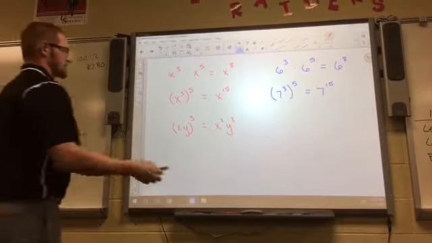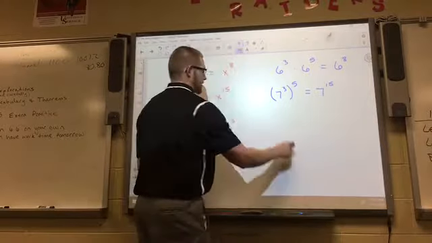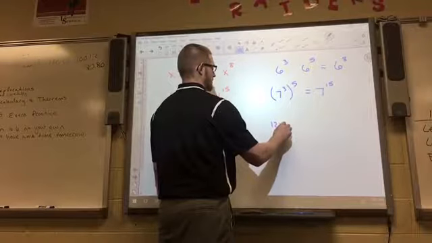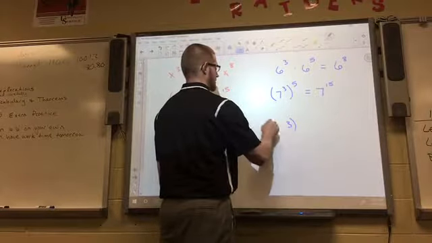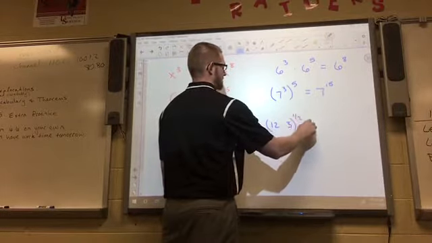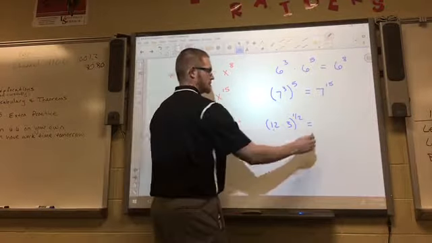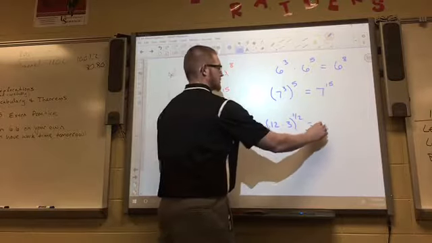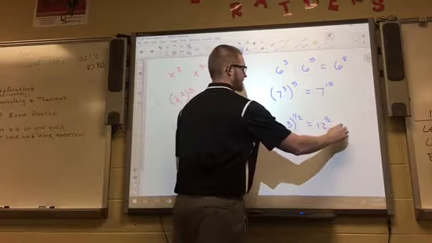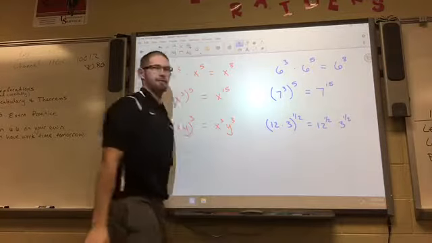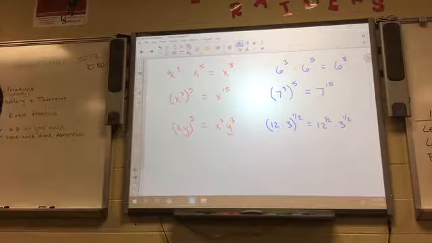Over here with a number, if I have 12 times 3 all to the 1/2 power, this would be the same as 12 to the 1/2 times 3 to the 1/2. 1/2 exponent is the same as what? Square root. Good.